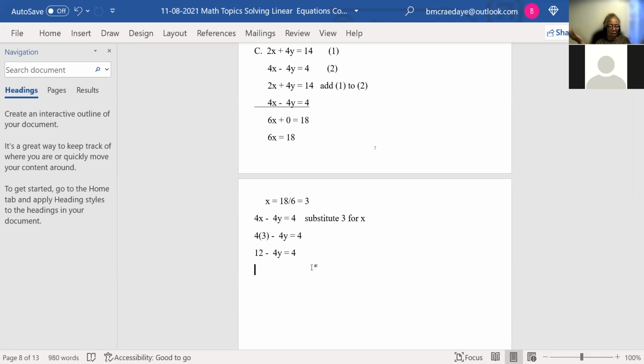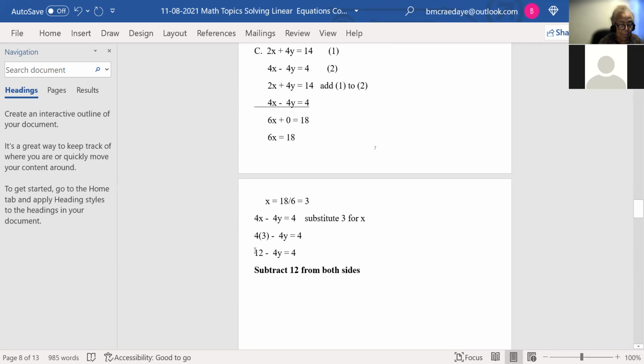I will still have a constant. You do the opposite. If 12 is being added, what's the opposite of adding? Subtracting. So you've got to subtract 12 from both sides.